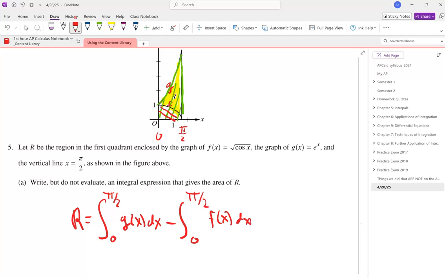And I'm done. You don't have to do anything more than that. It says write an expression, do not evaluate. I don't have to write the functions in there. I can just call them f and g, saving myself an extra 20 seconds of writing, or the possibility of me doing something dumb and copying the wrong symbol, or not writing something the grader's liking. I'm just going to write f and g.